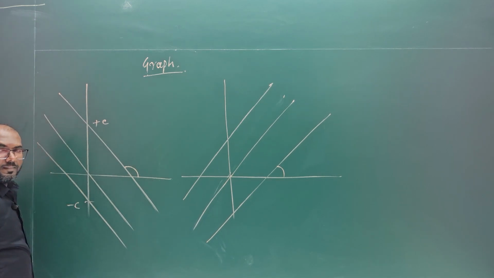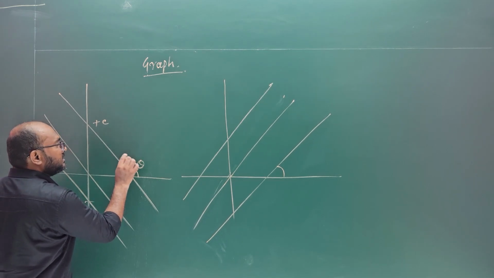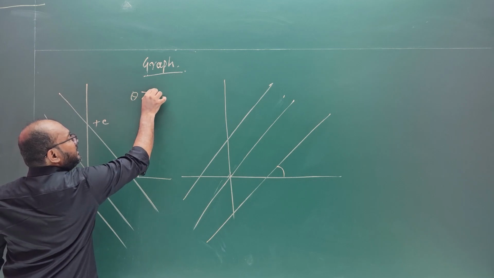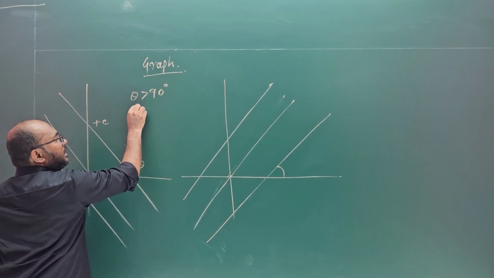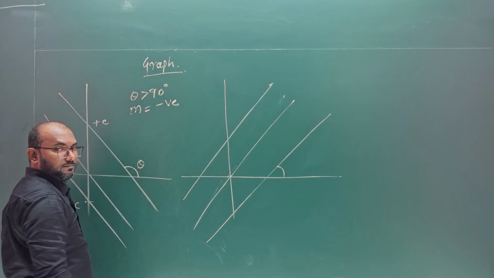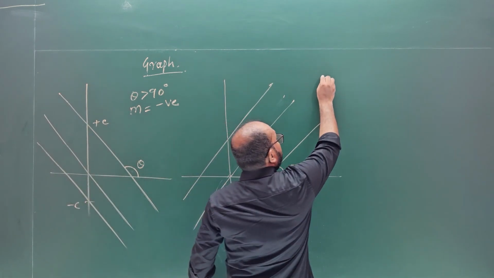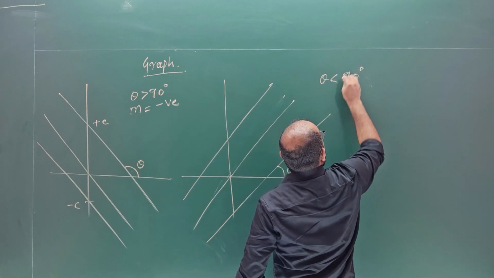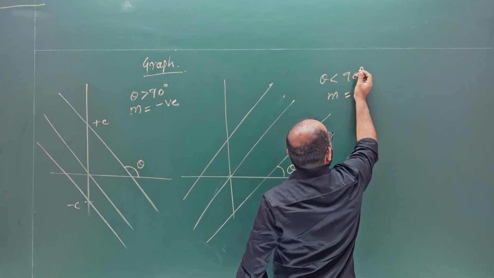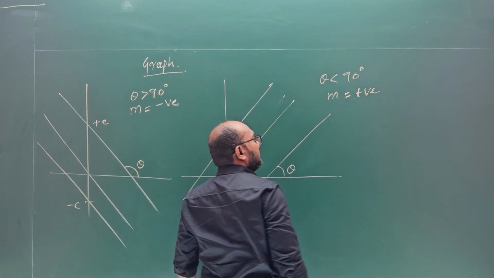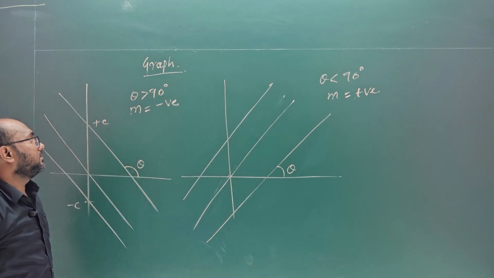It depends on theta. Can I say that if this theta is greater than 90 degrees, m is negative? Or over here, theta is less than 90 degrees, then can I say the slope is positive?